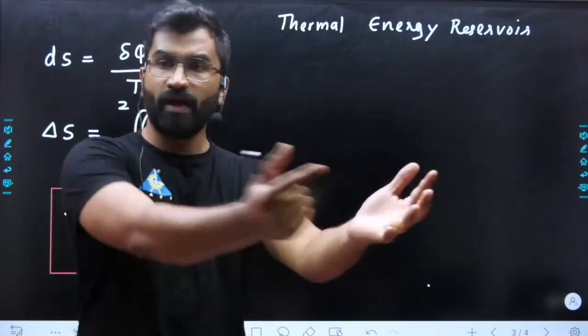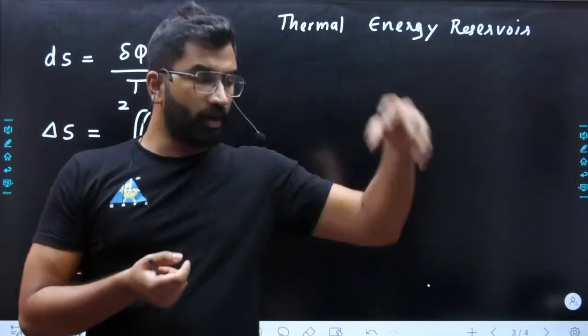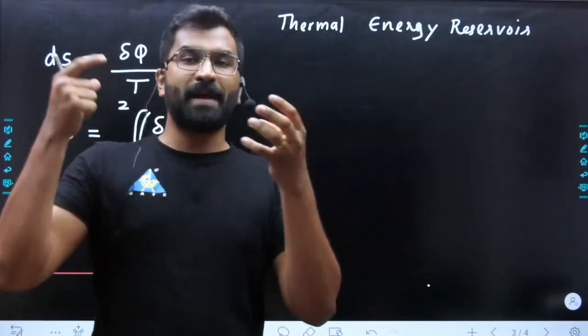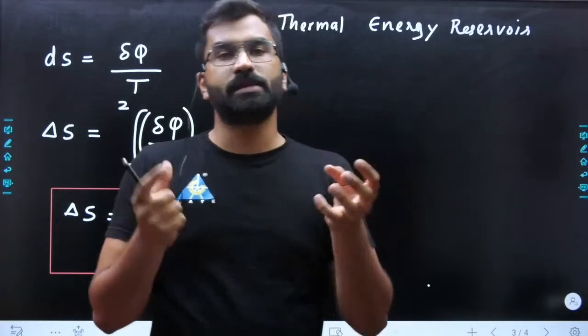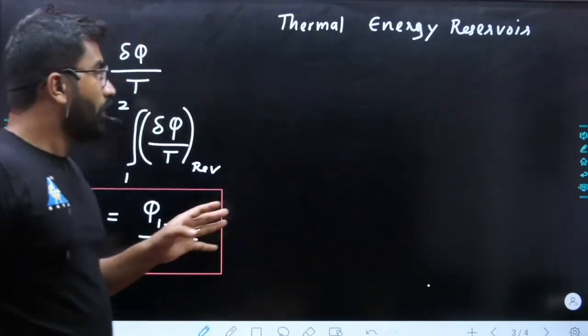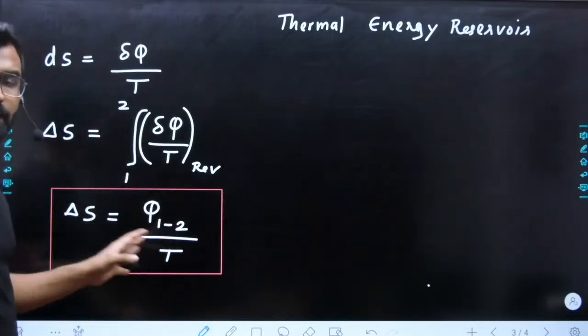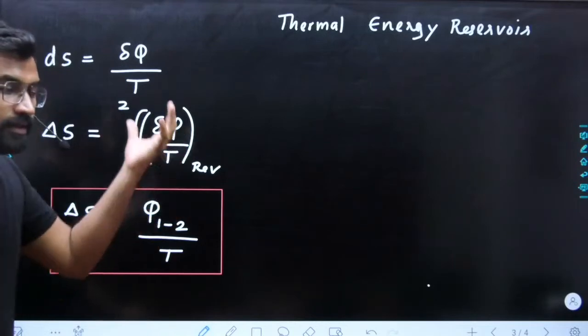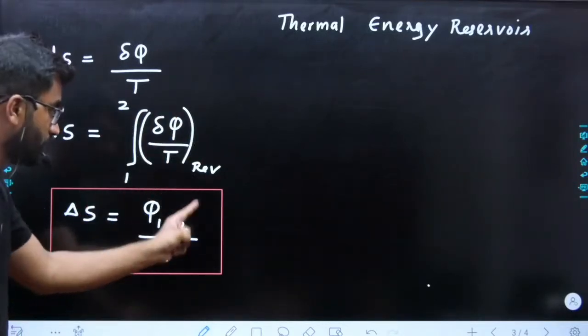Because you have a lot of things inside the room, but whatever heat is released, the temperature of the room is constant. The thermal capacity of this room is very, very high. That is the meaning of thermal energy reservoir. Whatever happens, its temperature is not changing. So in the thermal energy reservoir case also, you can use this equation.